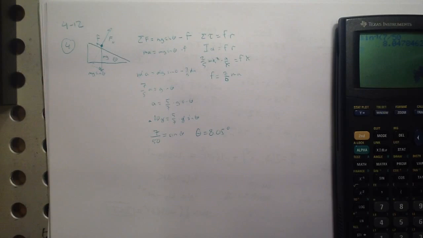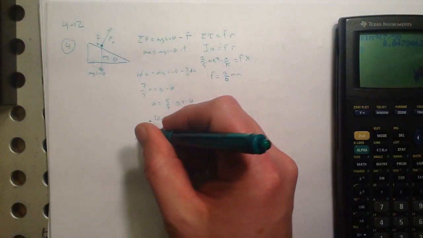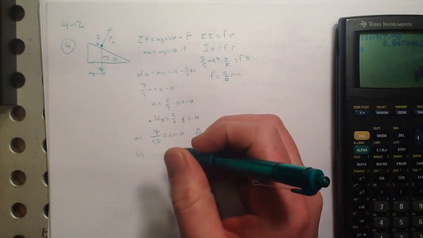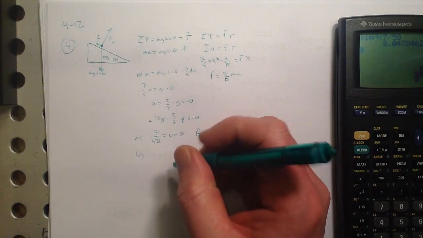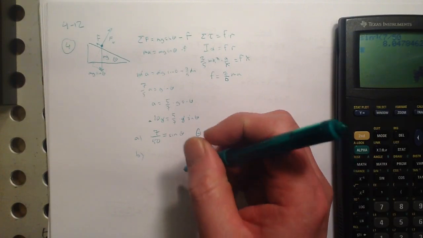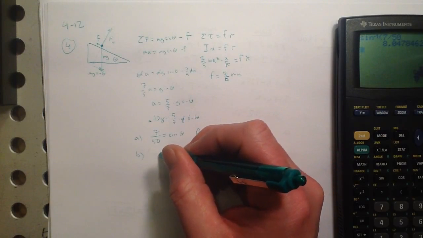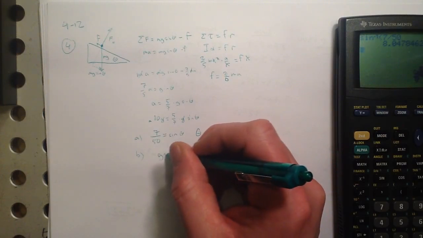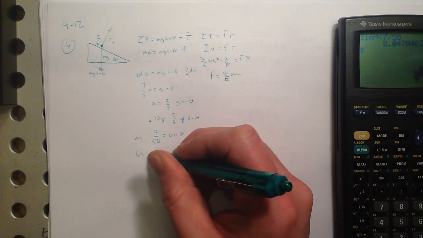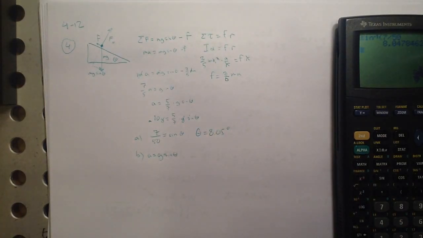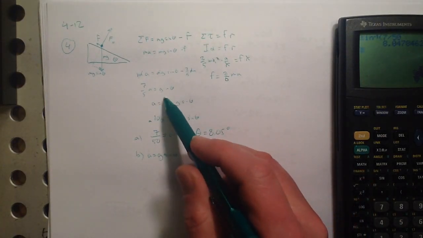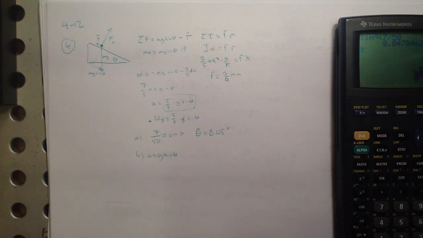And then the answer for part B: a block sliding down the ramp without friction would have an acceleration of just g sine theta, right? And you can see that our acceleration here was 5/7 g sine theta.